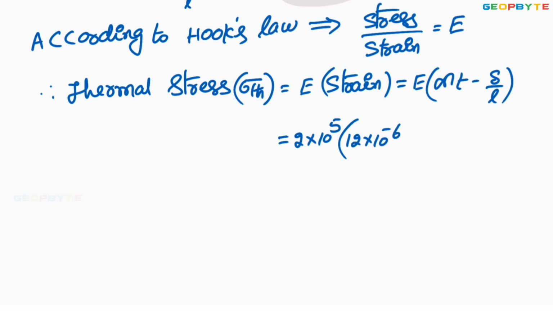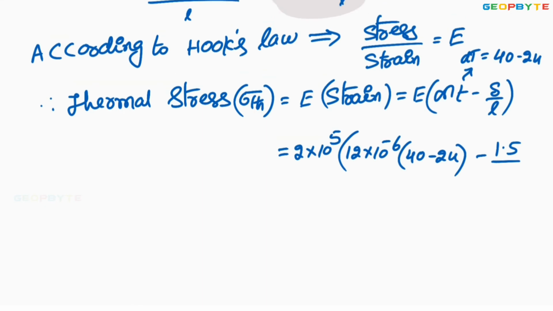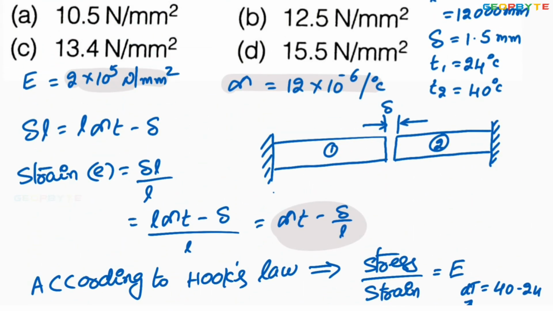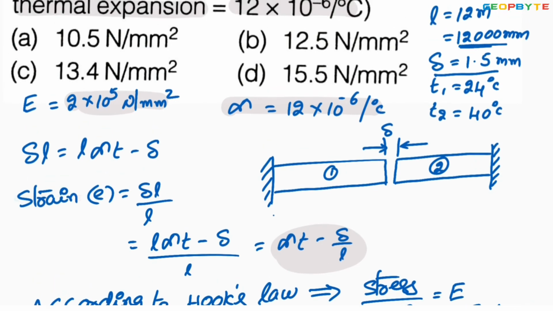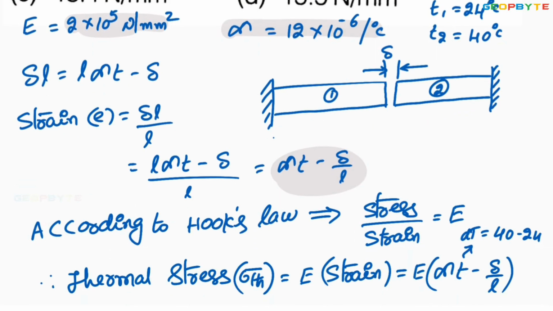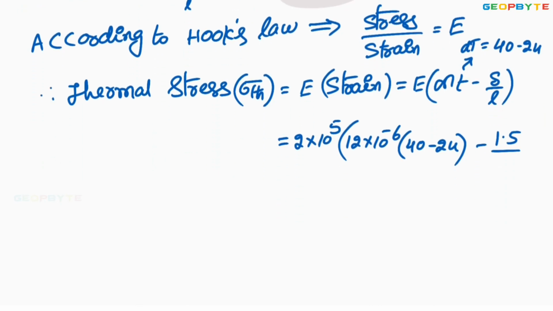Delta T, here T means dT, equal to 40 minus 24, minus delta. Delta is given as 1.5, divided by the original length of the rod, which is 12,000 mm.